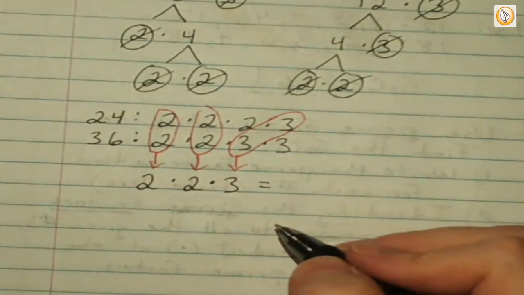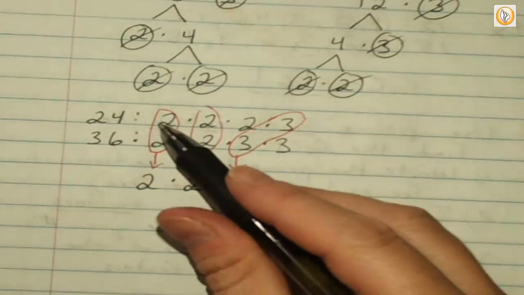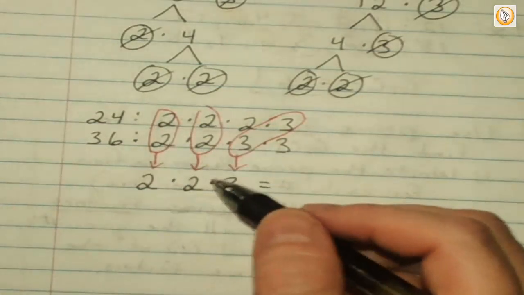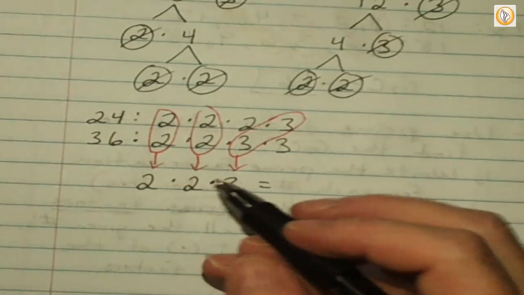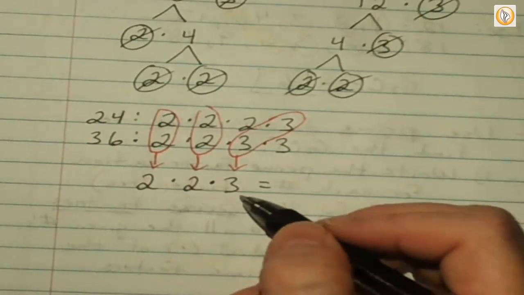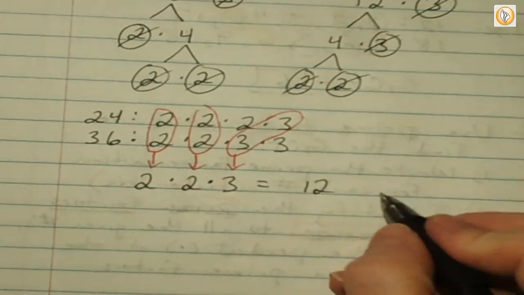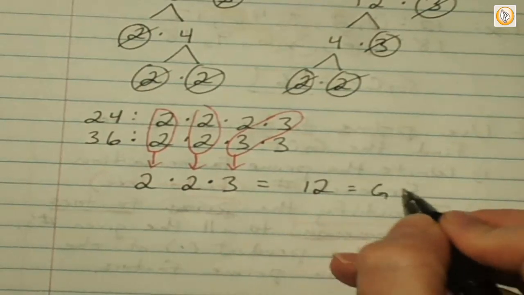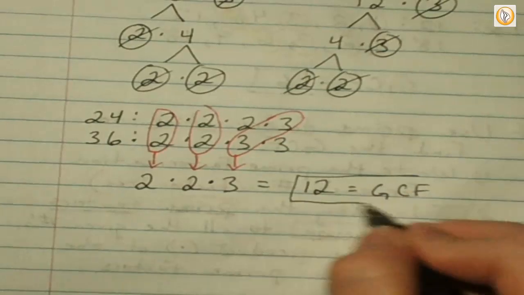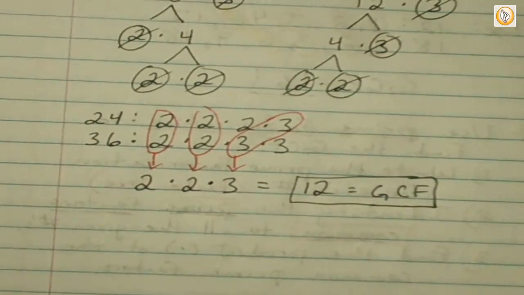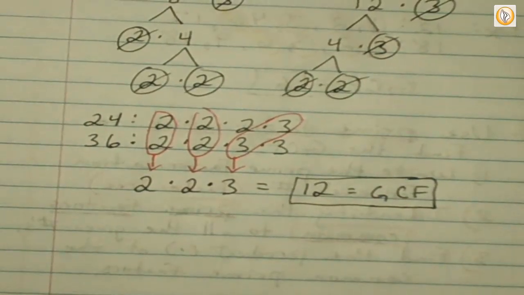Okay, does everyone see that I'm only bringing 1 from each pair down? All right, so what's 2 times 2 times 3? So the greatest common factor for 24 and 36 is 12. So 12 is not prime, so it's the largest number that they both have in common that goes into both.